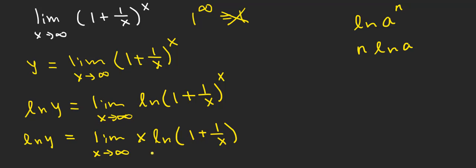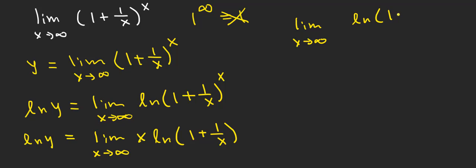So we have to manipulate this in order to apply L'Hopital's rule. So what I'm going to do here is rewrite this as limit as x goes to infinity of natural log of 1 plus 1 over x over 1 over x on the bottom, because 1 over x on the bottom is the same thing as x on top.